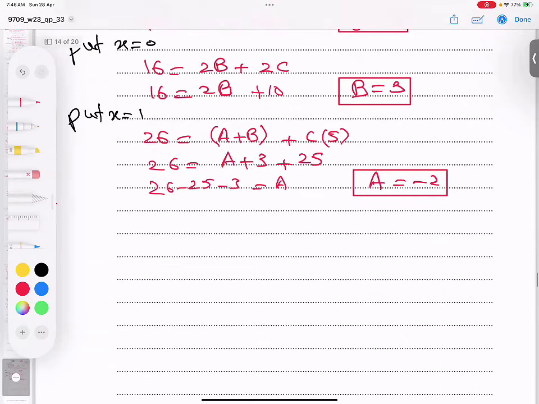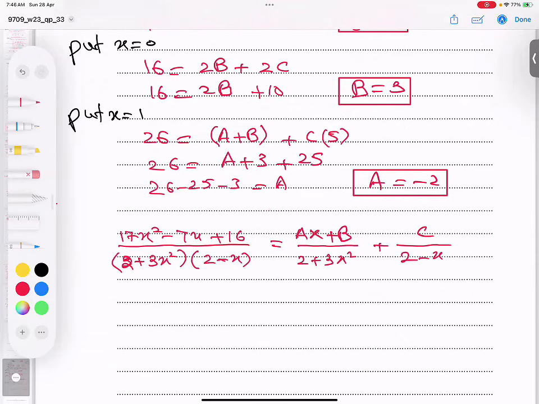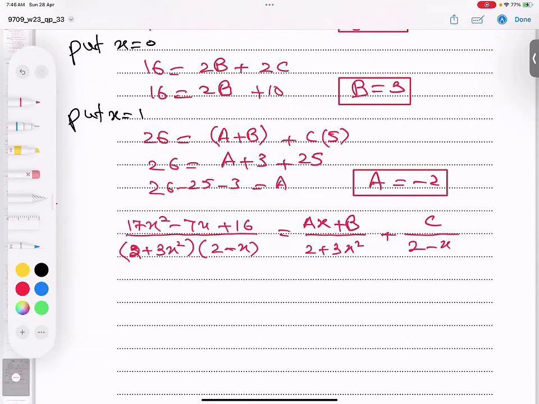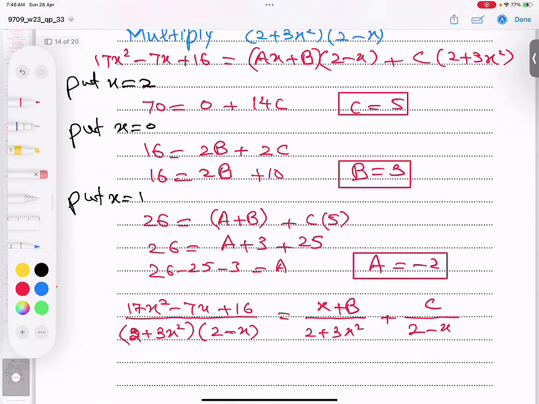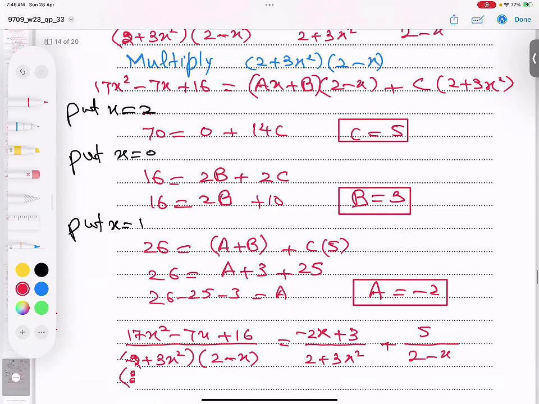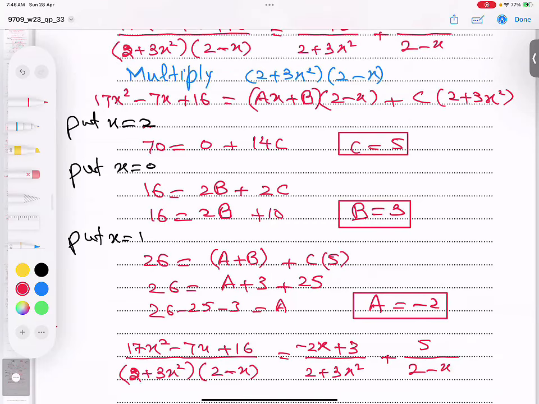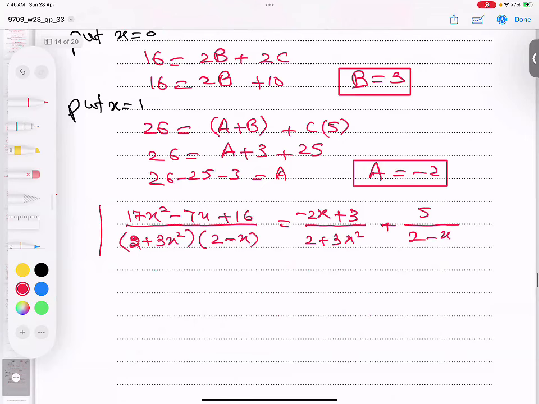I will paste it here, and I replace A, B, C. Look, I erase A, B, and C. A value is negative 2, B value is 3, and C value is 5. I recheck once again. A value negative 2, B value is 3, and C value is 5. Yes, I think all done, correct?